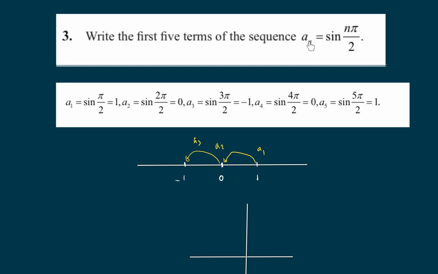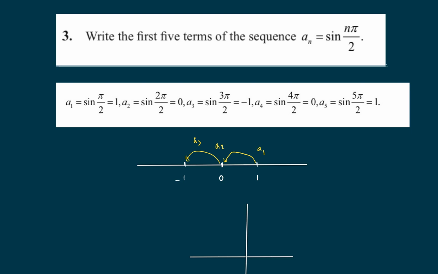When n is 2, it will be sine of 2 pi divided by 2, which is sine of pi. Sine of pi is 0. When n equals 3, it will be sine of 3 pi divided by 2, which is minus 1. So the sequence will be a1 equal 1, a2 equals 0, a3 minus 1, a4 equals 0.